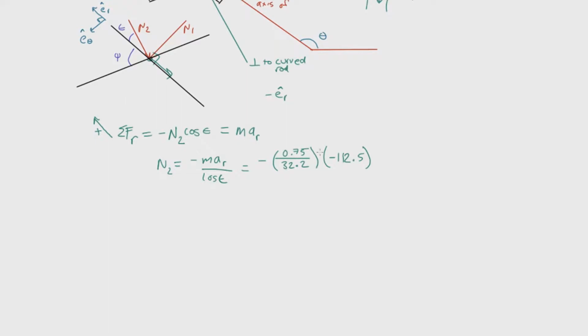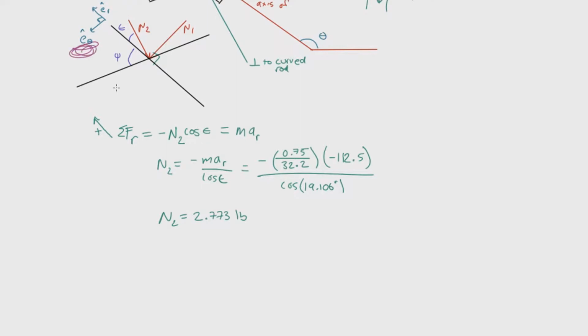So therefore we have to include that negative. And then we finally divide by the cosine of that angle, which is 19.106. So therefore, N2 is simply 2.773 pounds.